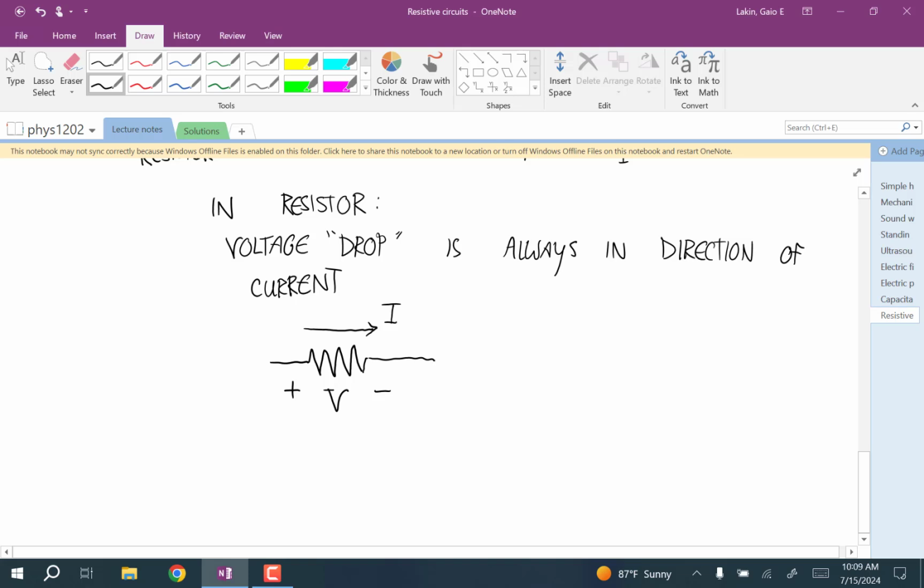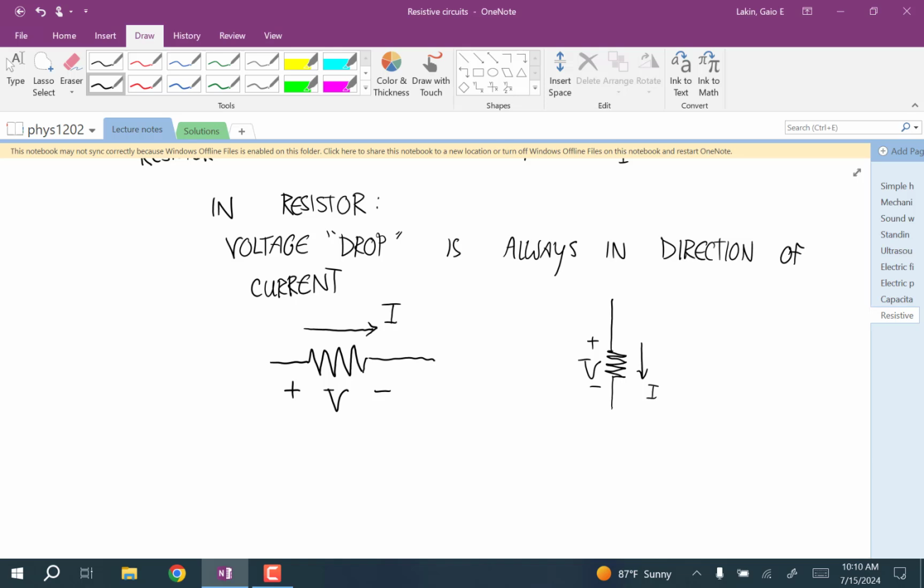And since we know the current is going from left to right, we know that the drop, the direction from positive to negative voltage, is also from left to right. And if you had a resistor like this, and the current was going this way in this circuit, then you know that the polarity is like this. Okay, that's going to be an important thing for us.